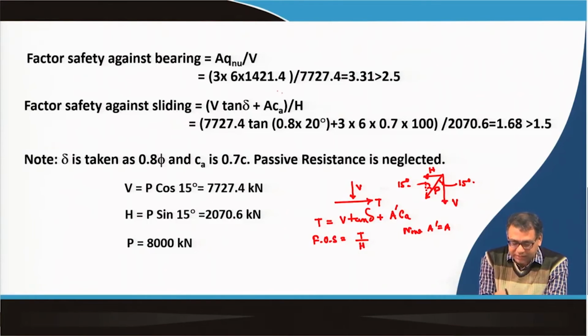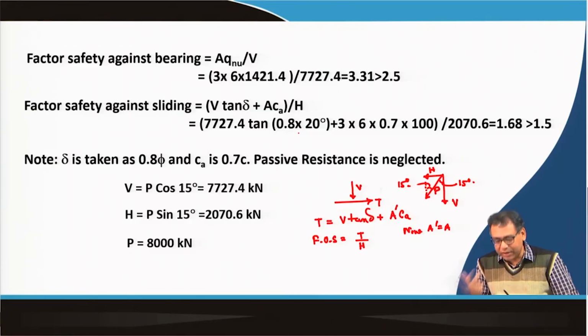As I mentioned, T by H, where T is equal to this equation. This is the vertical component into tan delta, and delta is taken as 0.8 times the friction angle, and the addition is 0.7 times the cohesion value.